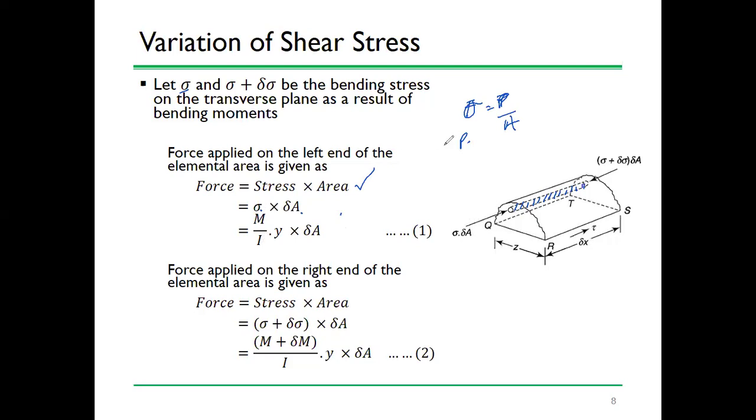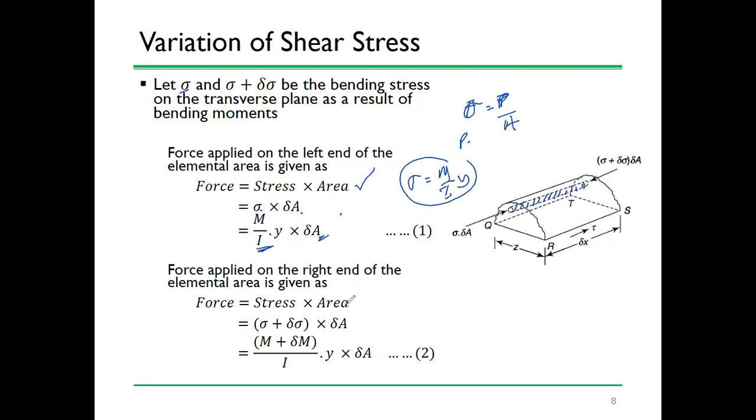Now we remember that in our previous lecture on bending stress, we know that stress is M over I times y. So this has been substituted here with the dA, giving us the force applied on the left end of the elemental area.